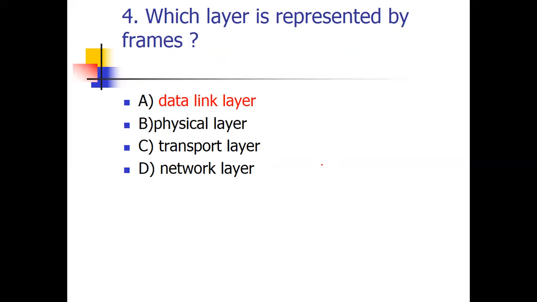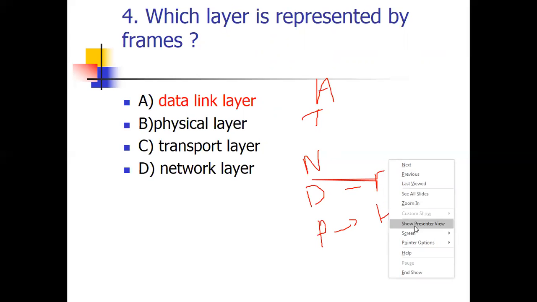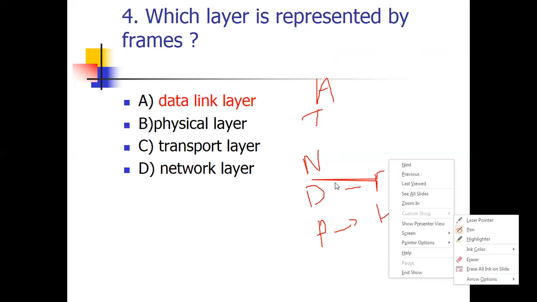Now, understood, we are talking about the TCP/IP model. In the TCP/IP model, there are 5 layers: physical layer, data link layer, network layer, transport layer, and application layer. At the physical layer, the unit of communication is the hop, or we can say nodes. At the data link layer, the unit is the frame.